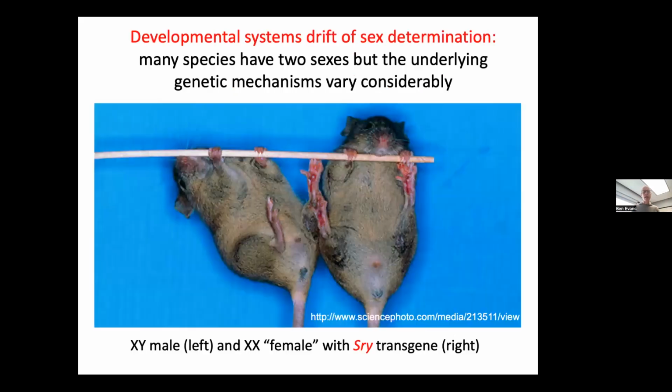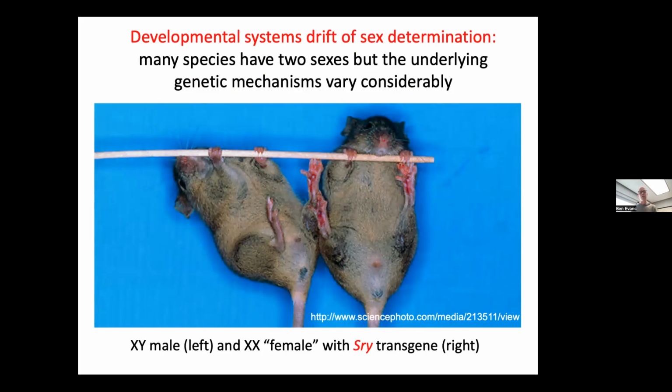And one of the prime examples actually is in a fundamental feature of many sexual species, which is sexual differentiation. We know, for example, in therian mammals, so placental and marsupial mammals, that there's a well-characterized system for sex determination where a gene on the Y chromosome triggers the male differentiation pathway.